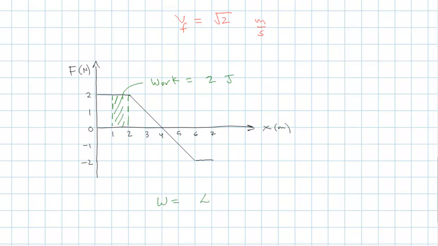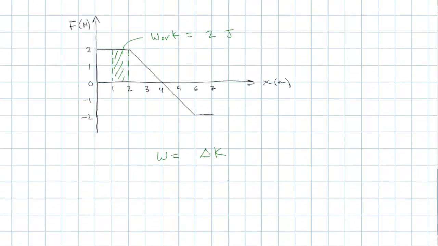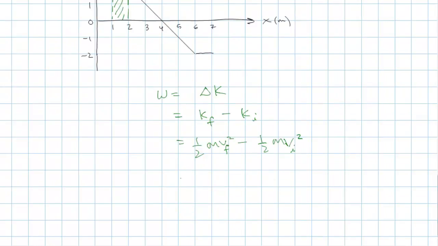Work is delta K. That's the final minus the initial kinetic energy. The final is at x equals 2. The initial is at x equals 1. And we know this from the previous case, that is the square root of 2.